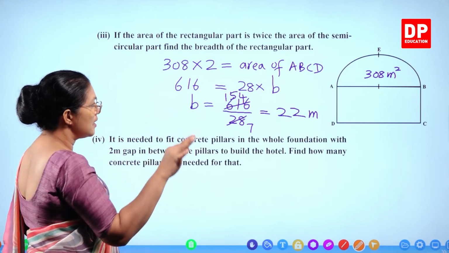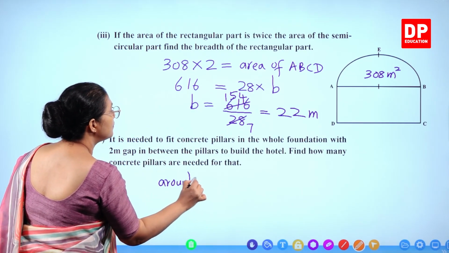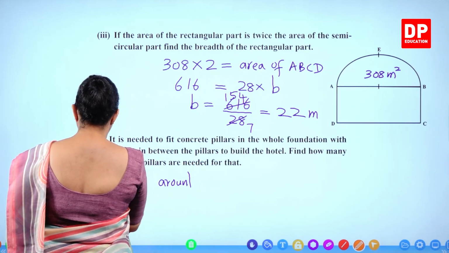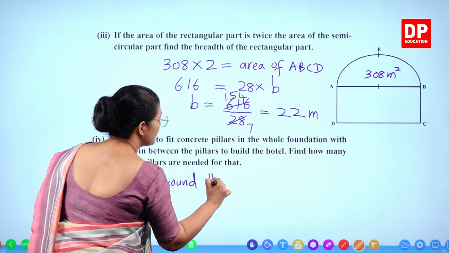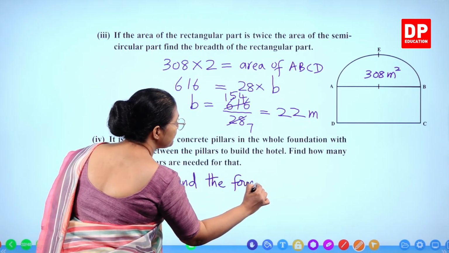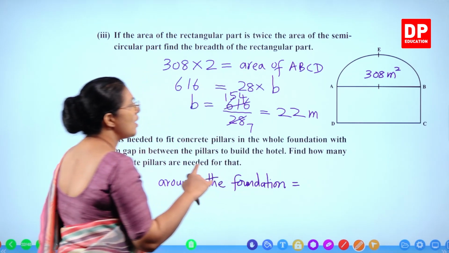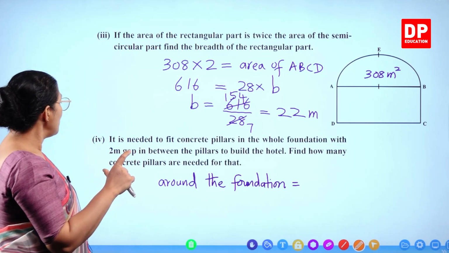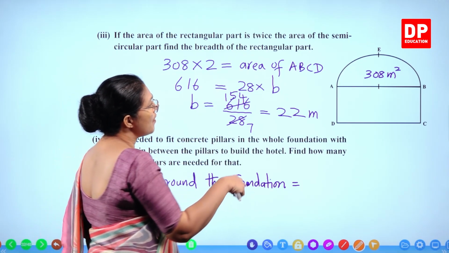So we'll first do around the foundation. How many pillars? It's a closed one. If it's a closed one, you take the perimeter, divide by the gap in between the pillars. That's 2. So what's the perimeter around?